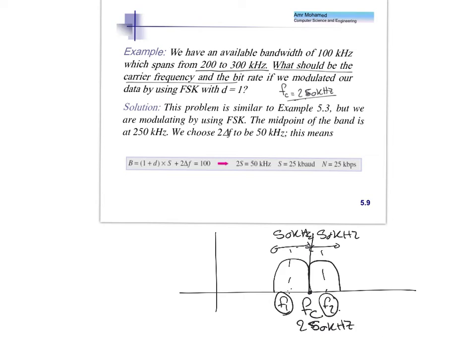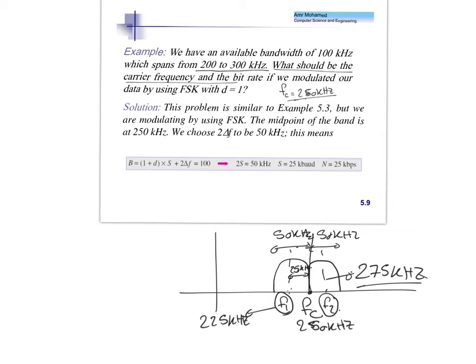So this is 25 kilohertz, right? So F1 is 225 kilohertz, right? And this one is 275 kilohertz. Of course, the question does not ask for this, but we can calculate it if we want. Okay, but the carrier frequency is one for the entire composite signal for FSK.